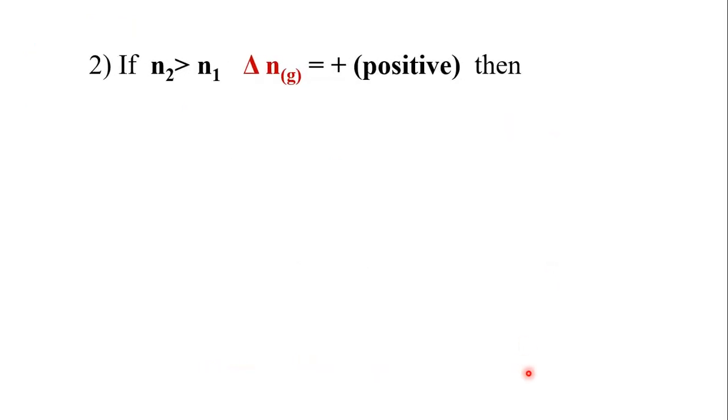Second case, suppose N2 is greater than N1. N2 means the number of moles of product. N1 means the number of moles of reactant. So if the number of moles of product is greater than the number of moles of reactant, then delta N, that is the change in number of moles of gaseous reactant and product, is a positive value.